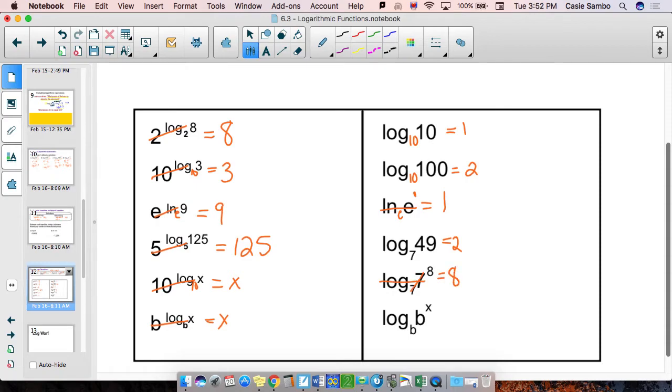We're left with just 8. Same bases, we're left with x. Another way to think about this one right here is to think about it in terms of log base 7 of 7 squared, because 7 squared is 49. Those would cancel out, and we're left with just that 2. So however you want to think about that is completely up to you.